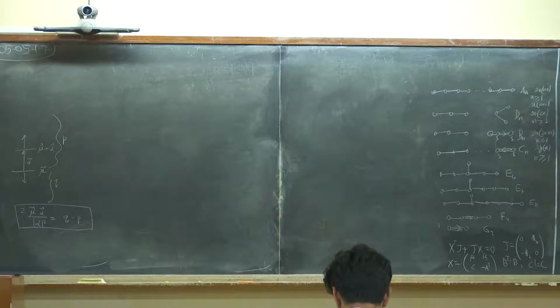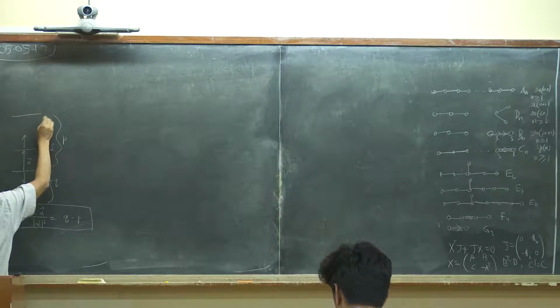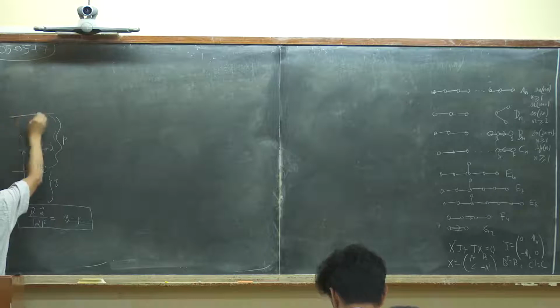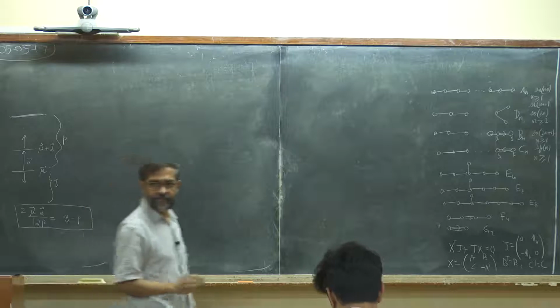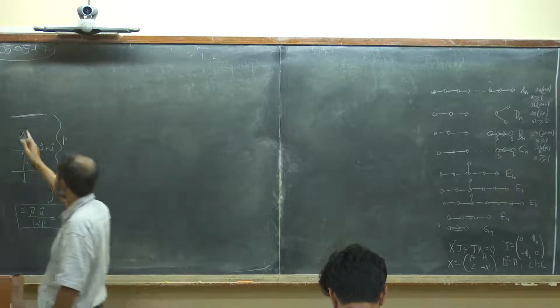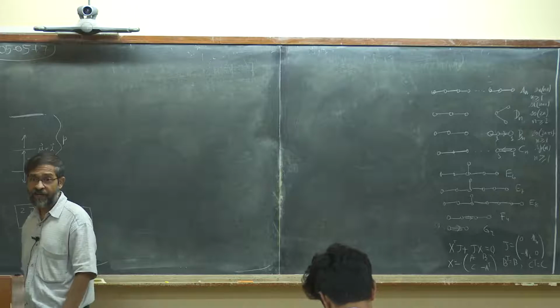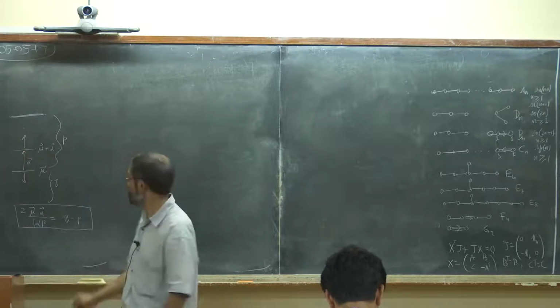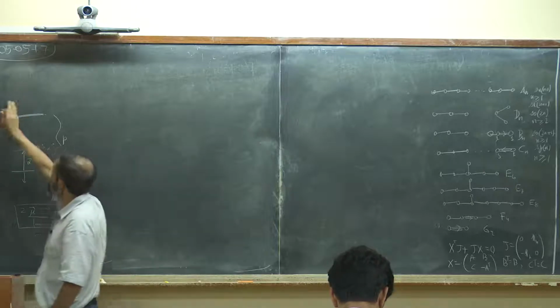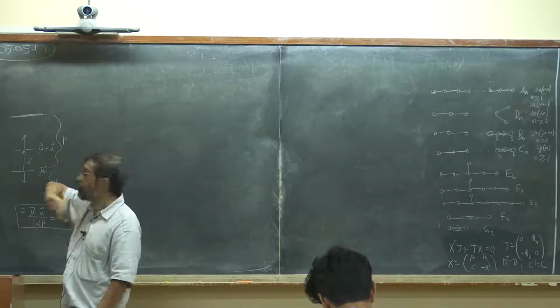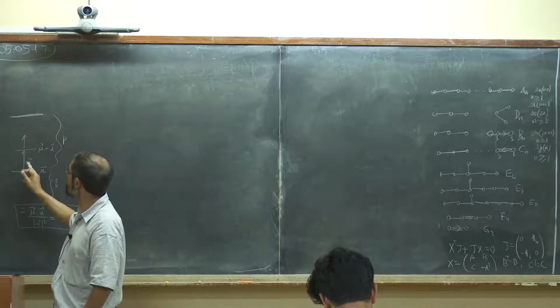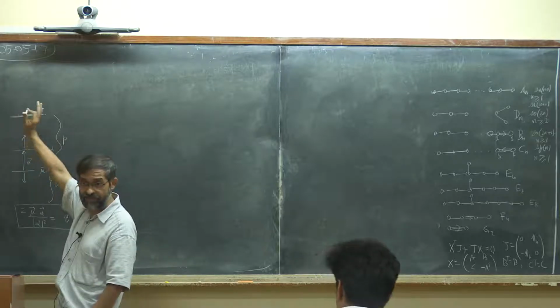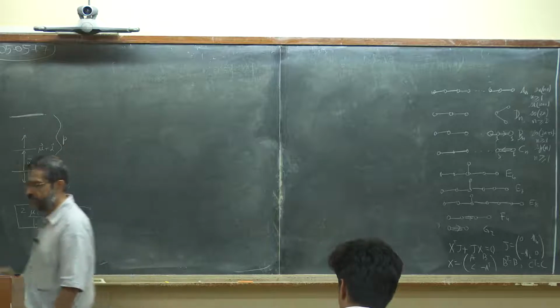Now I will consider only the top of the tower kind of states. These, for obvious reasons, are called highest weights, and they are highest weights with respect to any raising operator. So if you apply E alpha, it will be annihilated. If you apply E beta, it will be annihilated, and so on and so forth.